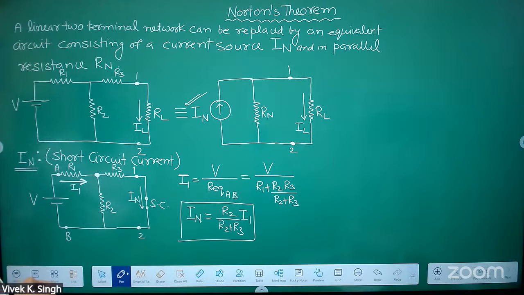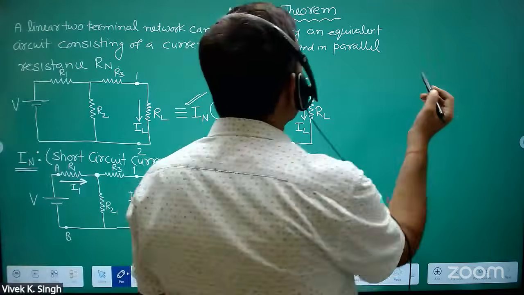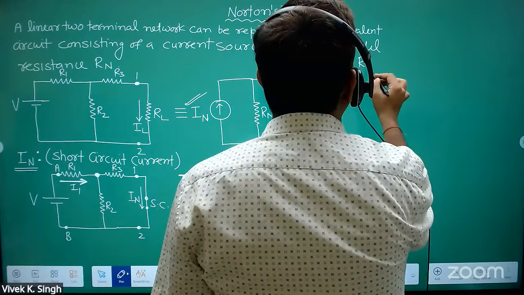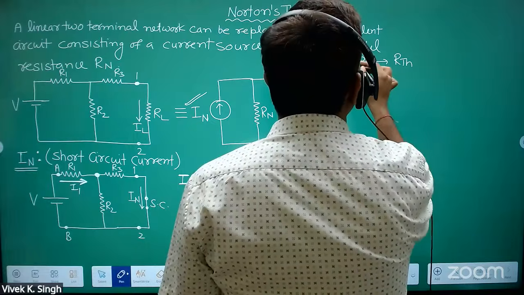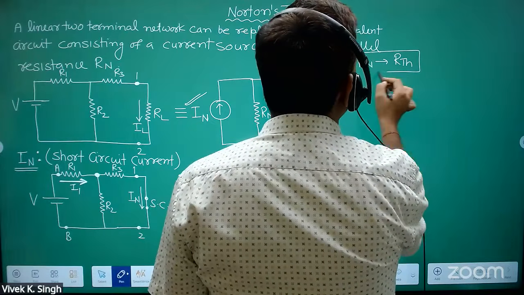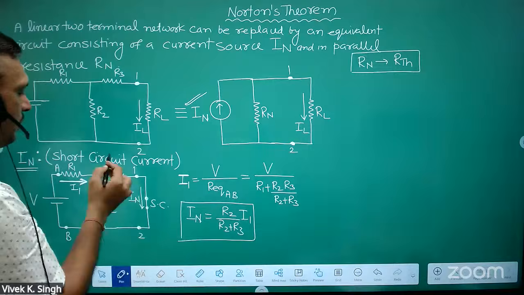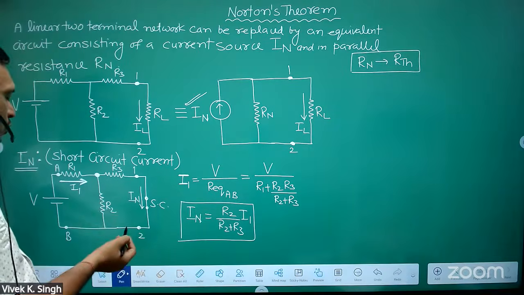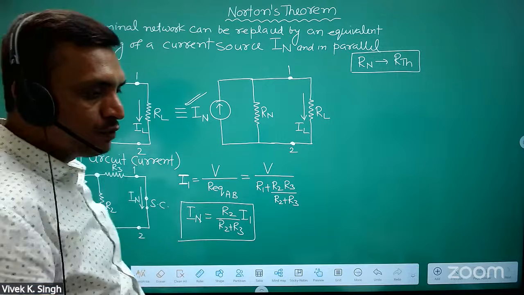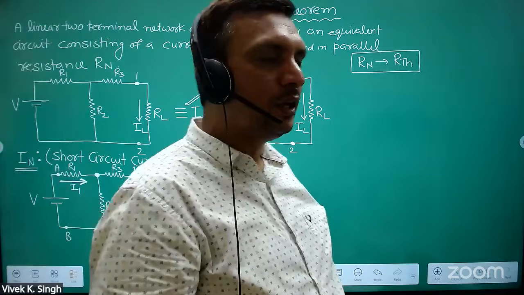And RN is similar to RTH. RN is same as RTH. Means you have to find equivalent resistance between terminal 1 and 2 when independent sources are turned off.